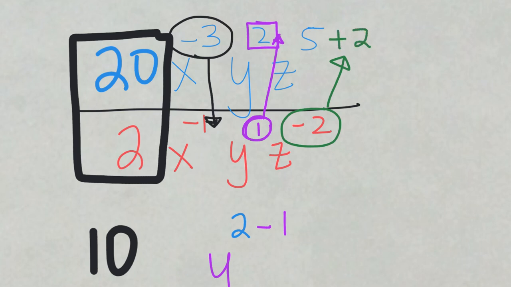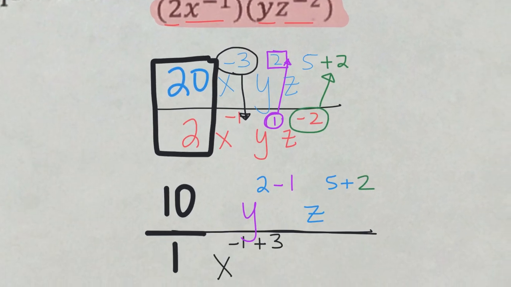It's a negative on the bottom, which means it becomes a plus when it goes to the numerator, just like our negative 3 in the numerator became a plus 3 when it went to the denominator. It changes sign from a minus to a plus when you change from the top to the bottom or from the bottom to the top. So this is z to the 5 plus 2.